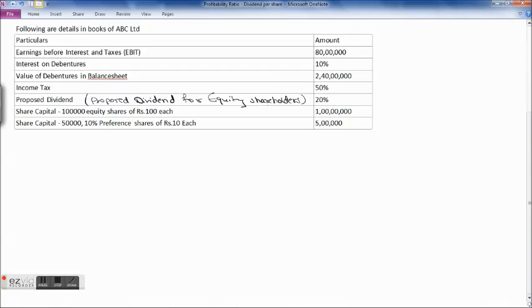Then share capital: 1 lakh equity shares of rupees 100 each, and share capital of 50,000 10% preference shares of rupees 10 each. Now we need to calculate the dividend per share.